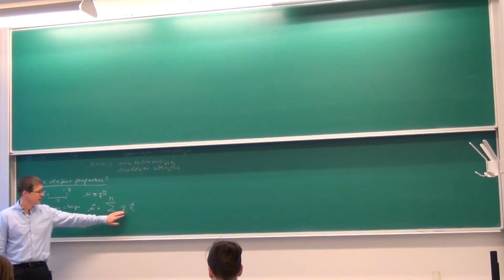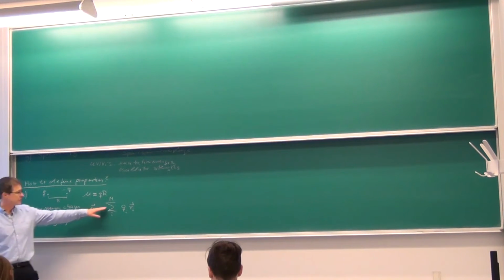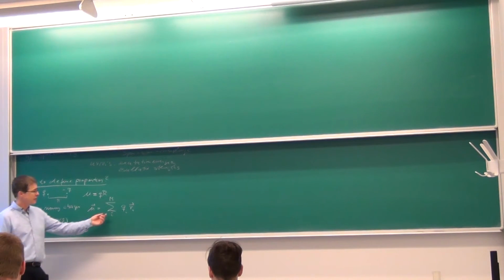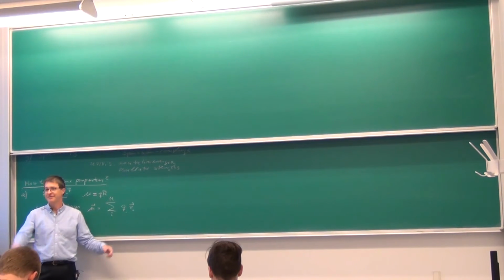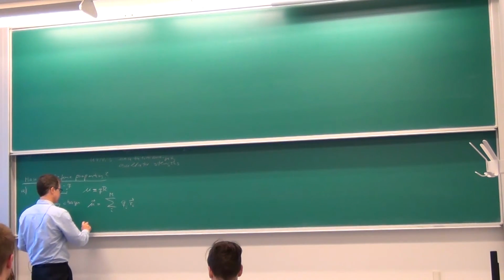So this is for discrete charges, and this is for a continuous charge distribution. So what happens to that expression if we go to a continuous charge distribution? What happens to a summation if you have very many points? It converts to an integral. Yes, that turns into an integral.